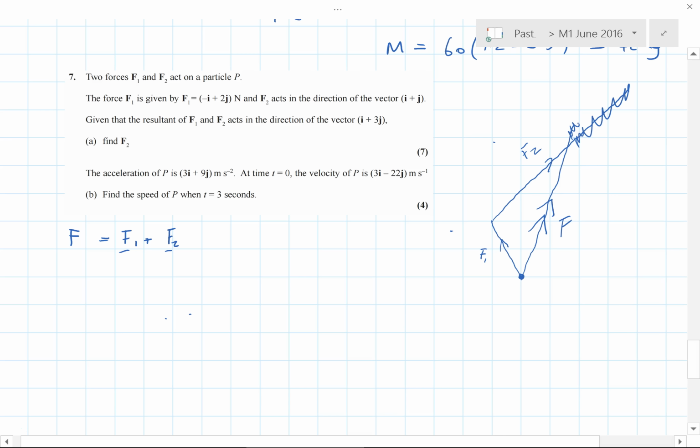Now, I'm not suggesting we use that to solve our problem, but it should give us a little idea. It's going to be somewhere between 2 and 3, what our final answer is. So we're not given F2, but we're given its direction.